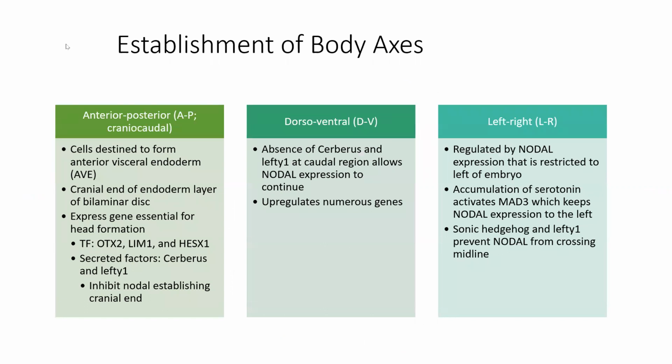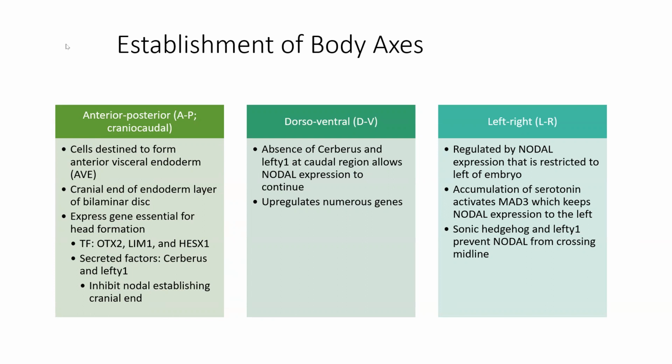Another event that is happening during this time period is the establishment of the body axis. So for the anterior-posterior body axis, these are cells destined to form the anterior visceral endoderm, and they are located at the cranial end of the endoderm layer of the bilaminar disc. These express genes essential for head formation, such as transcription factors OTX2, LIM1, and HESX1.